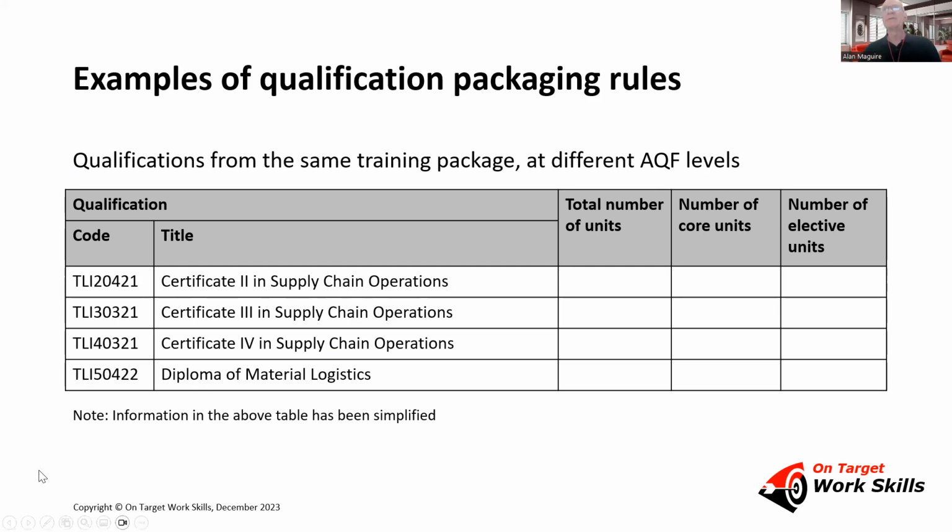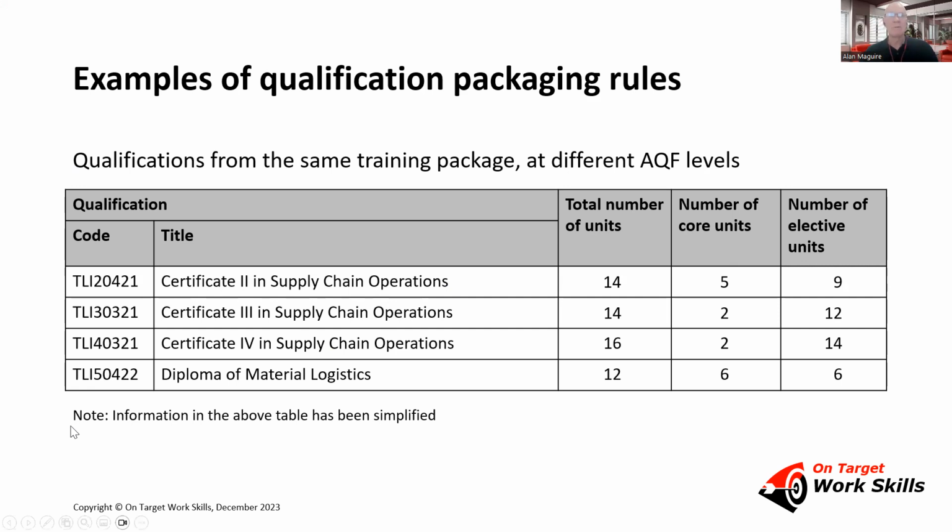Now, just the numbers: 14-5-9, 14-12, 16-14, 12-6-6. These numbers are the qualifications' packaging rules, and don't look for a pattern, don't have an expectation of what the numbers would be. We'd always have to go back to the qualifications and read what the packaging rules are.